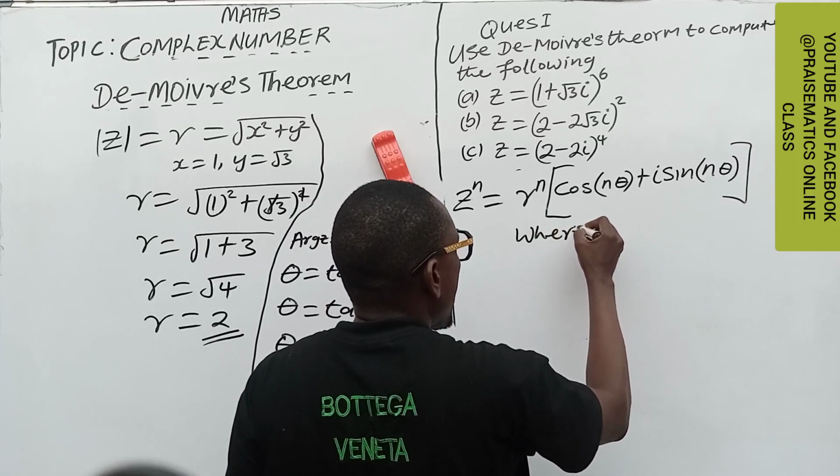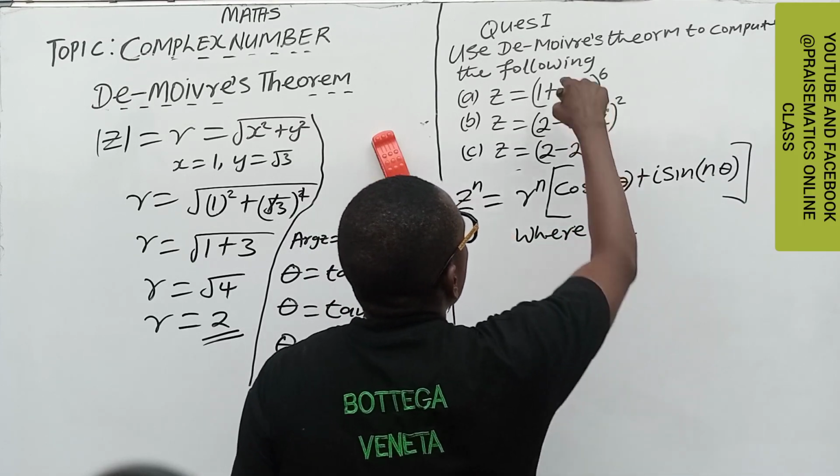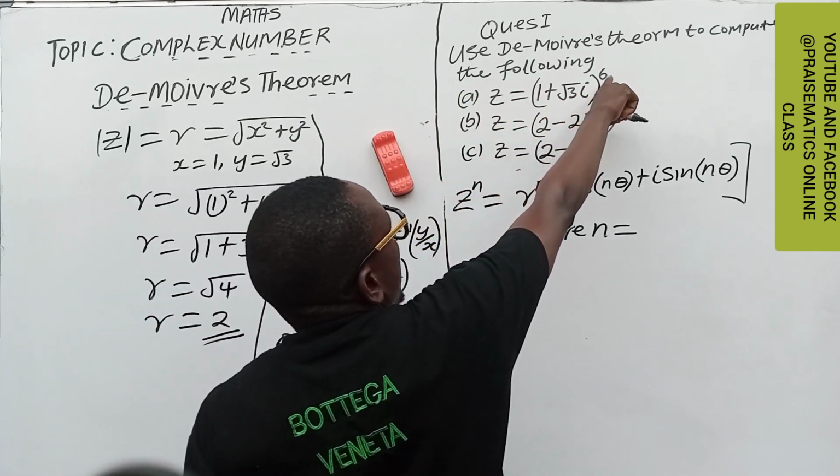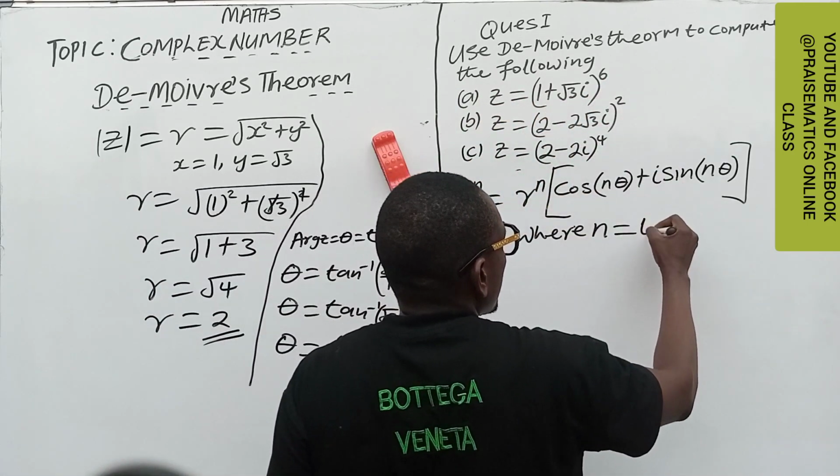Where, what is our n? n is from the question that we are solving. We are solving this question A. Our n is the power, which is 6.